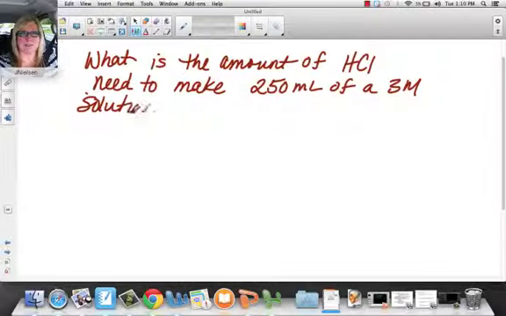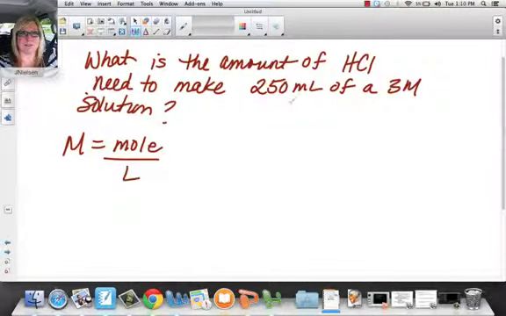And this is a typical problem. So we know molarity equals moles over liters. I've got milliliters, which I can change to liters, and I have molarity. But it's asking amount, and amount implies grams. So this is a two-step problem.